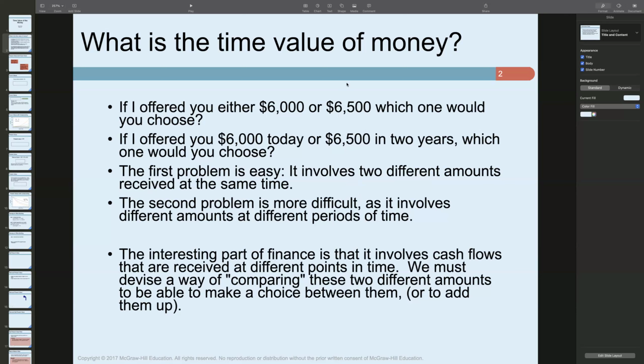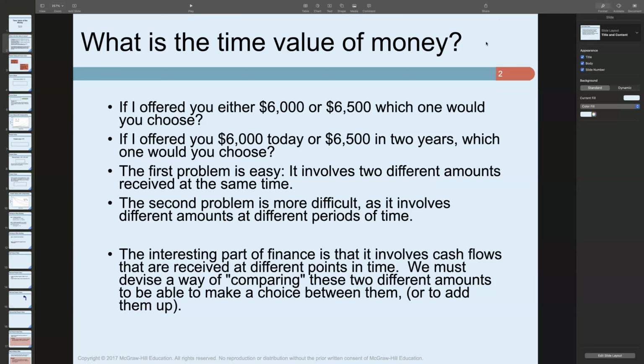Actually, we have 63% choosing 6,000 today, and 38% wanting 6,500 in 2 years. I'm guessing the ones who want 6,500 in 2 years are worried they might spend it today.